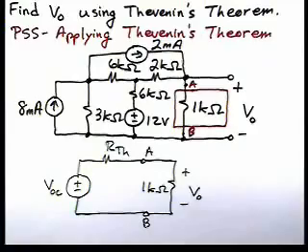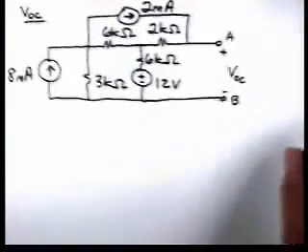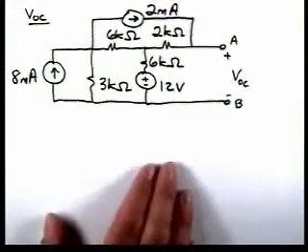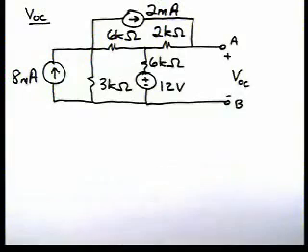So let's remove the 1 kilo ohm resistor. Here's our circuit for calculating the open circuit voltage. Note that we've removed that resistor. Now we can use any of the techniques that we've learned previously to do this calculation.